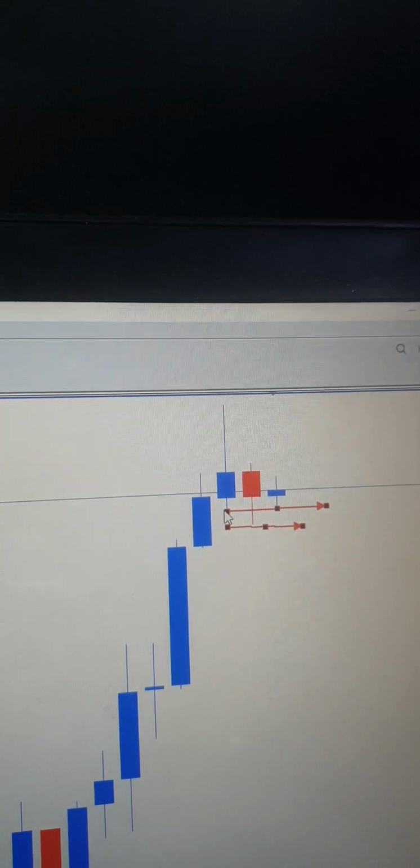You might ask me that there was a weak rejection. Yeah, why is it that I did not take a sell? Yeah, of course, because there was another higher high, but it closed still above, not even below this candle.